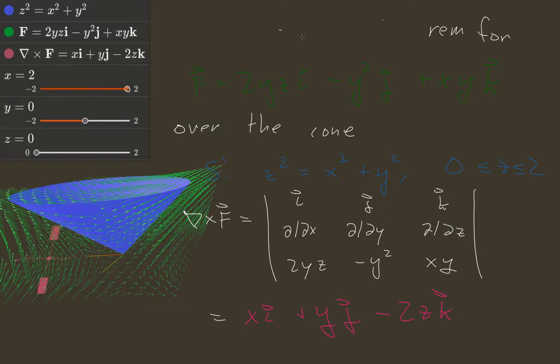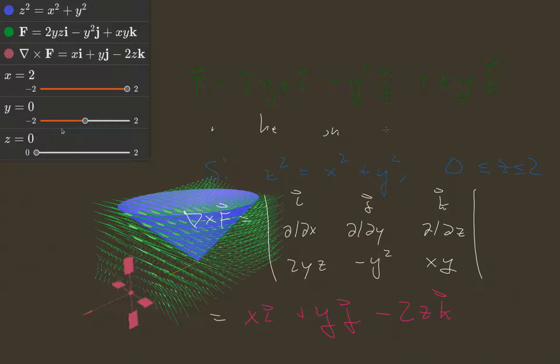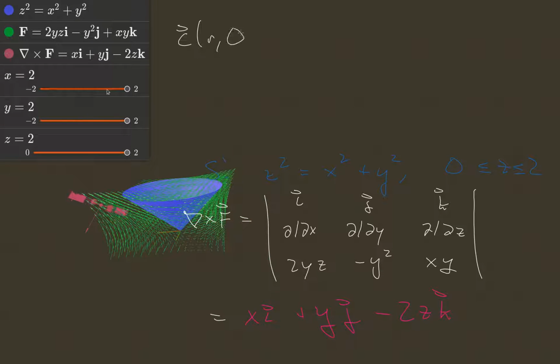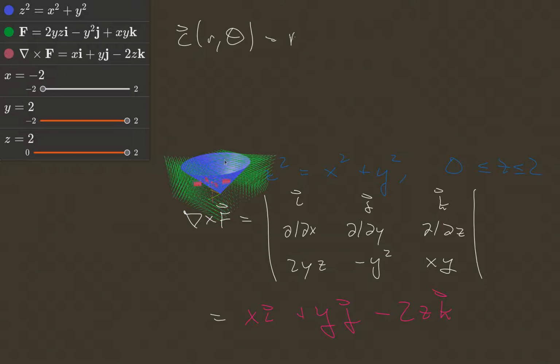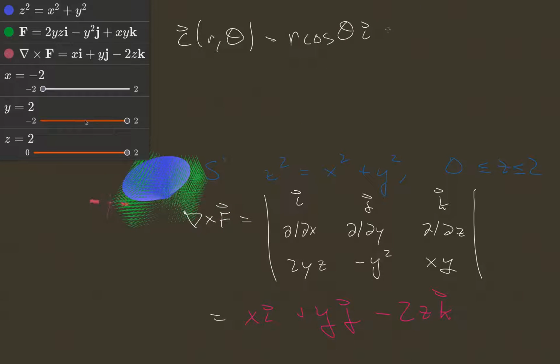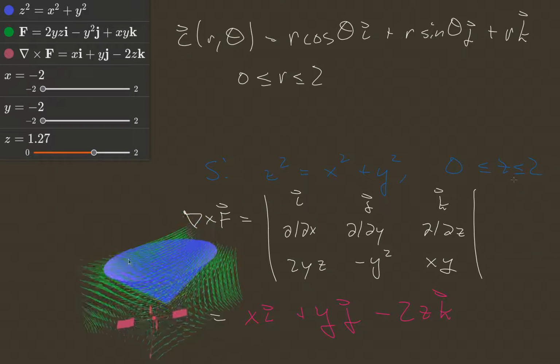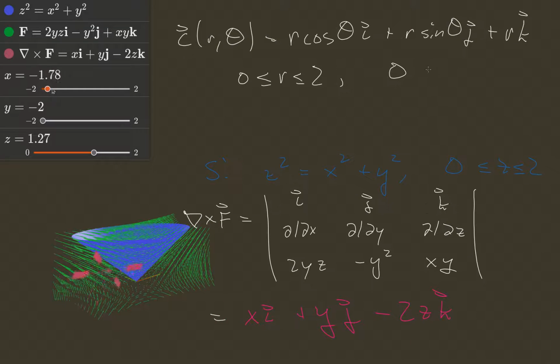All right, the next step is we want to parameterize this surface. So we'll parameterize this by c of r, theta is r cos theta i plus r sine theta j plus r k with r between 0 and 2, since that's our z range, and theta, of course, between 0 and 2 pi.